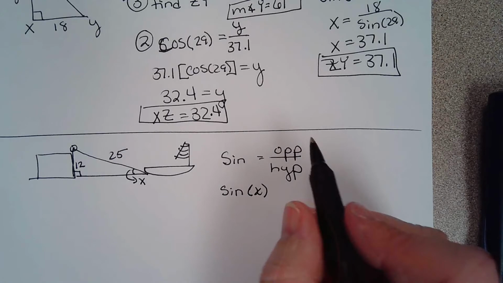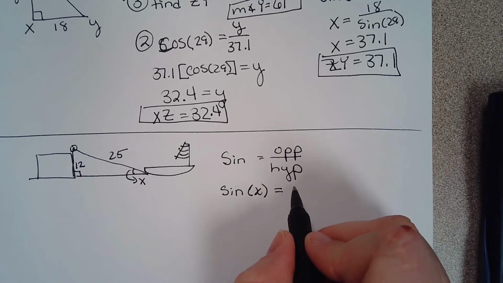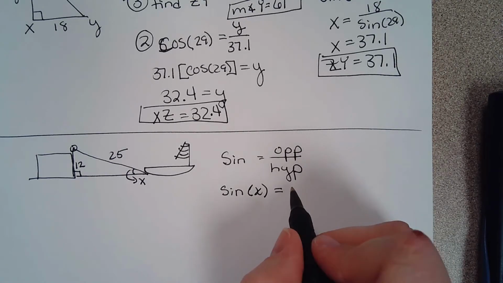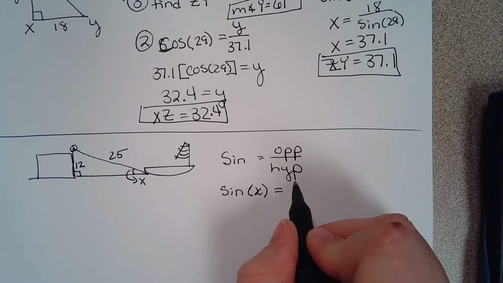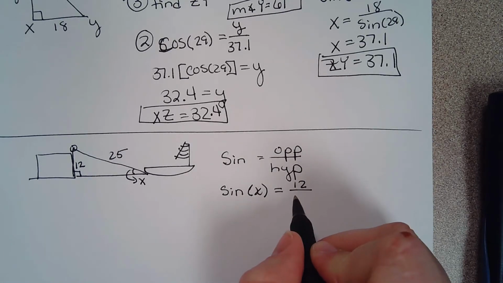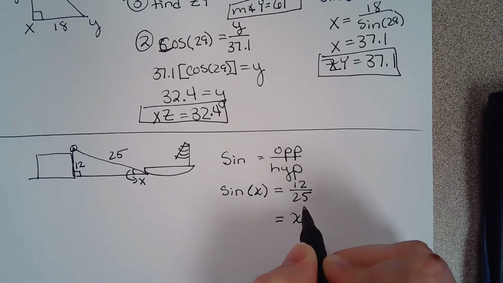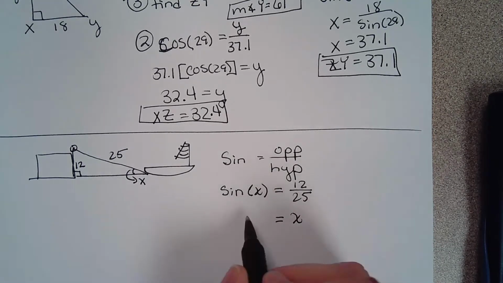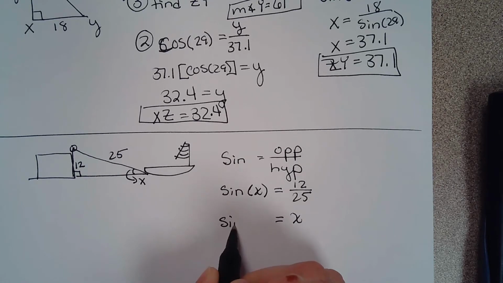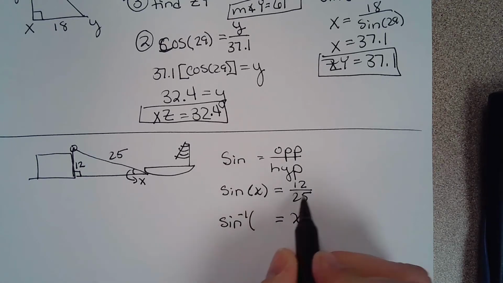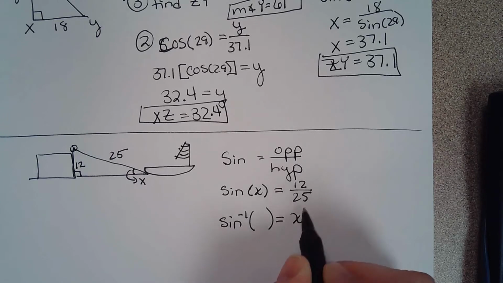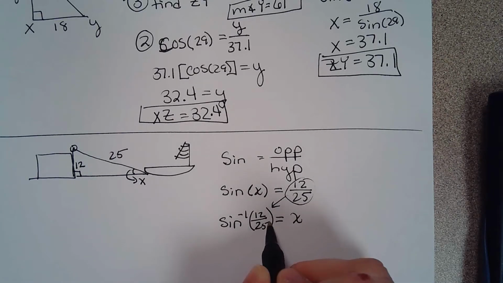And this is going to equal 12 over 25. So x is actually going to be the ratio. So we're going to find the sine inverse, and that's where the x comes over here, and this ratio drops in there. So that becomes 12 over 25 right there.